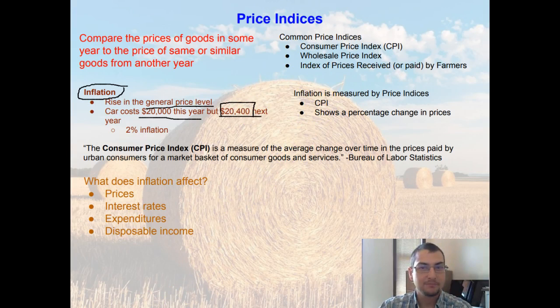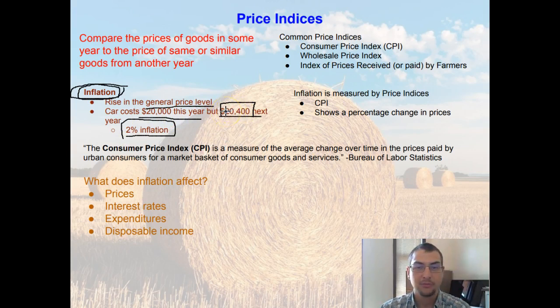So what inflation basically is, is that the prices of goods are just increasing. Maybe the demand for goods as a whole is increasing and it's causing prices to go up. It's the same products, but the prices are increasing. This is known as inflation. And in this example, this was a 2% inflation. This means that the price of that car rose by 2% from one year to the next.